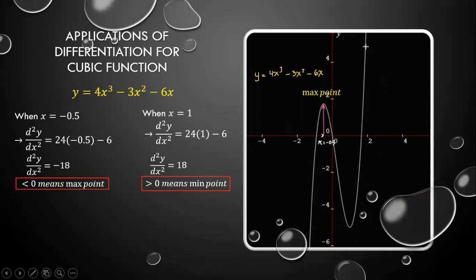Next, what about the minimum point? The minimum point will be satisfied by d2y over dx squared equals 18, so it means more than 0 means minimum point. And this minimum point will be satisfied by x equals 1.